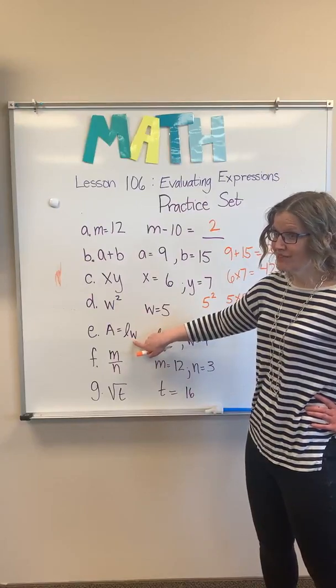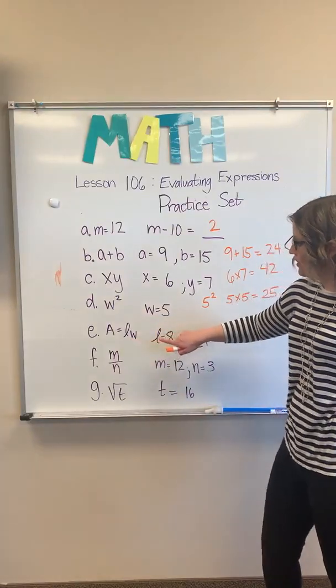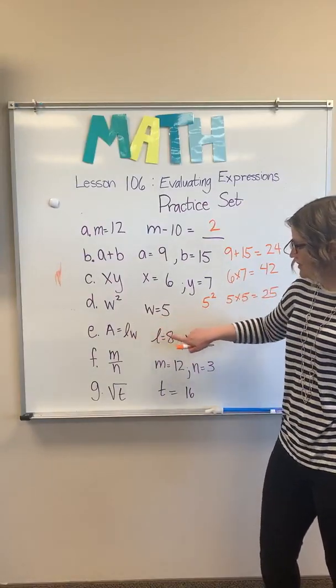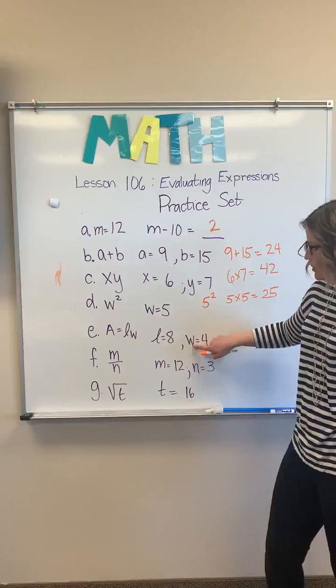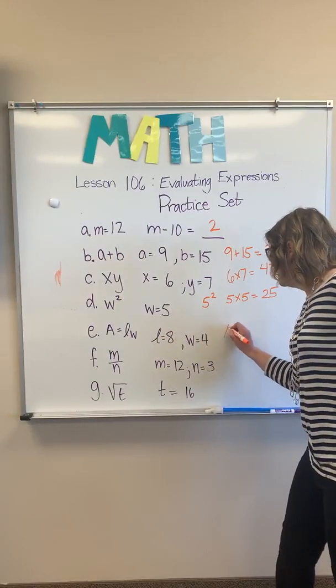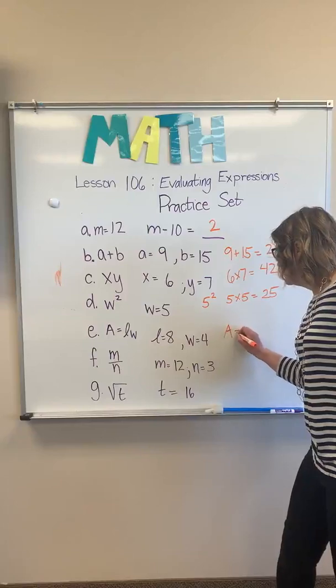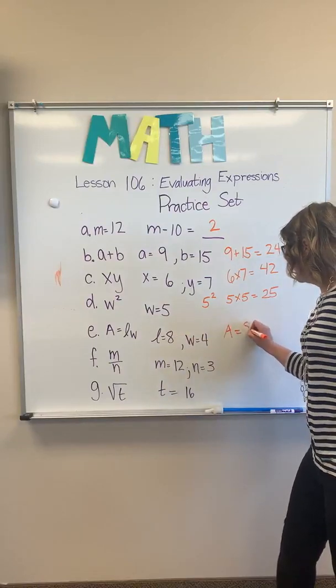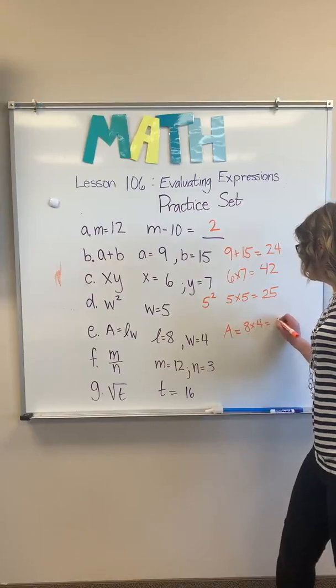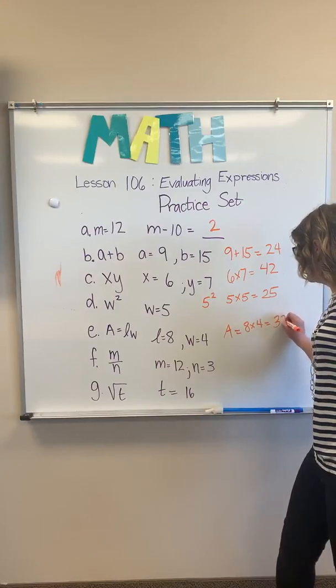So this is why this is familiar. If l is 8, our length is 8, and our w or width is 4, we know that a is going to equal 8 times 4, which equals 32.